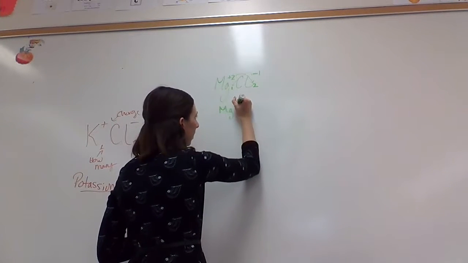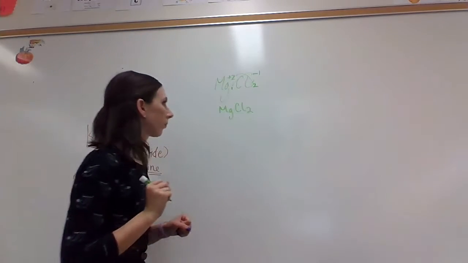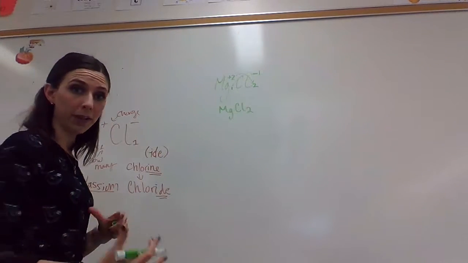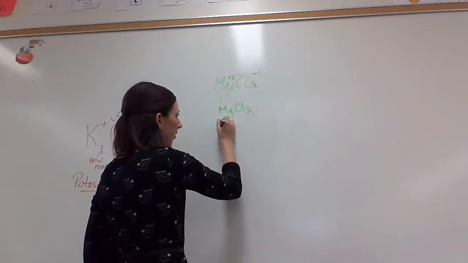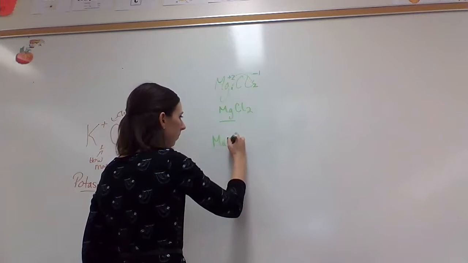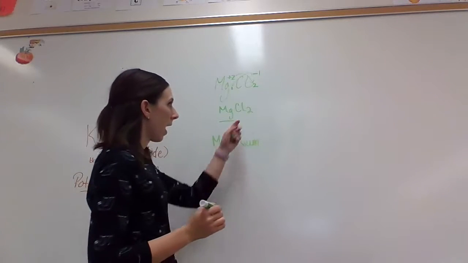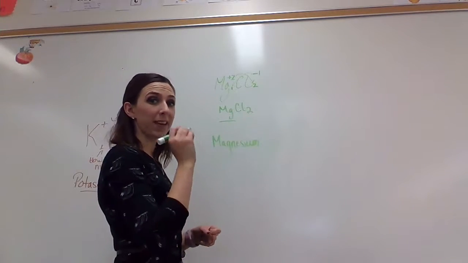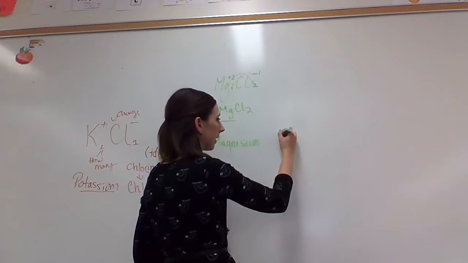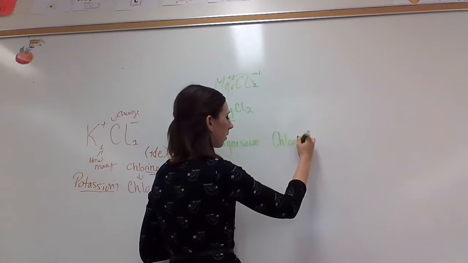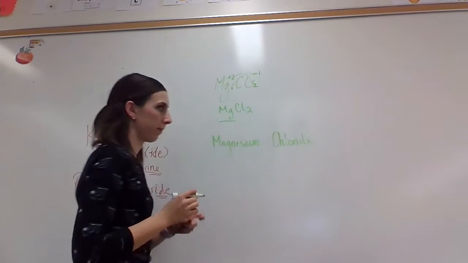So MgCl2. When you're writing the name out for that, the first one is just magnesium. And this is an anion, so you're going to have the -ide. So magnesium chloride.